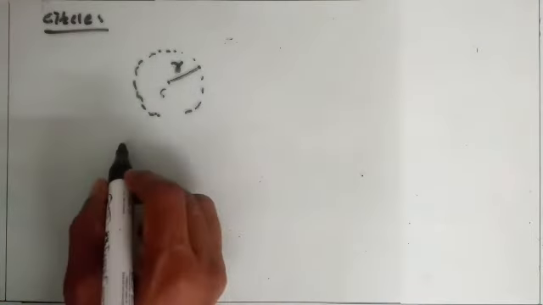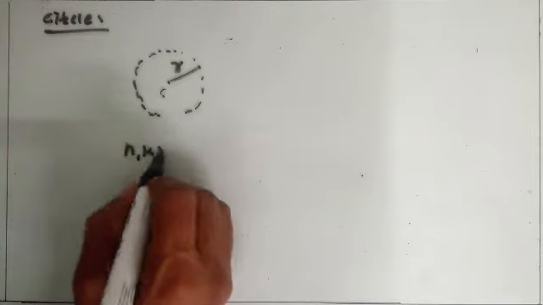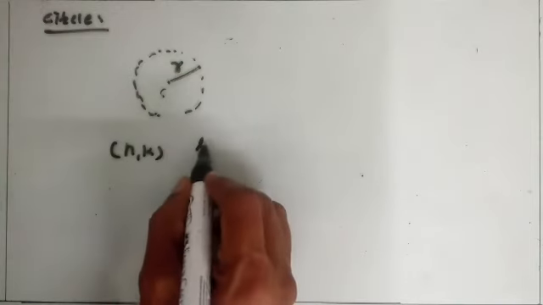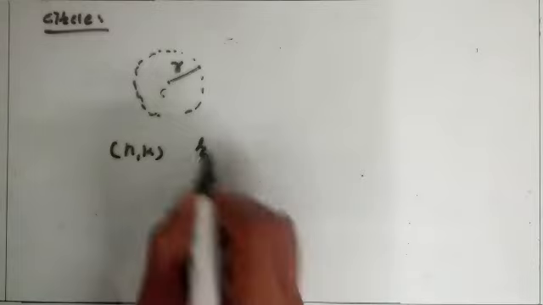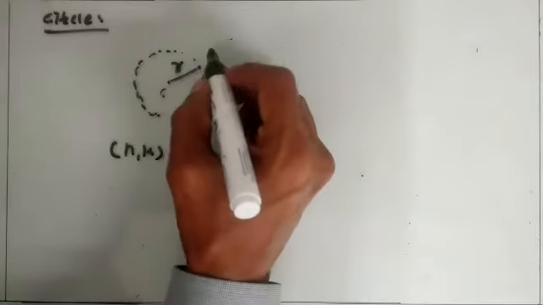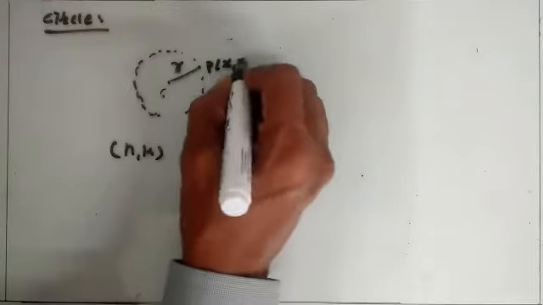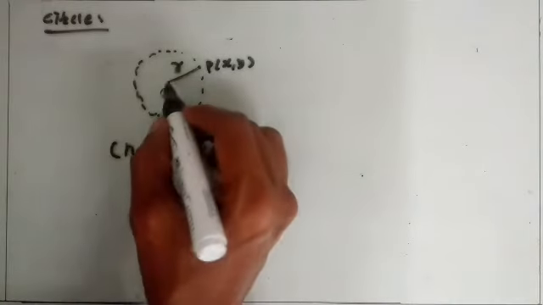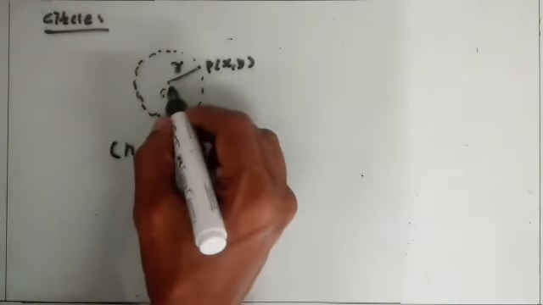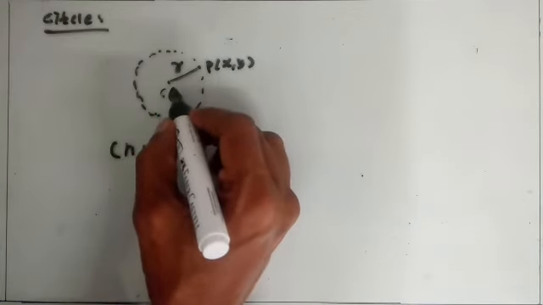Equation of a circle with center (h, k) and radius r. Here take a point P(x, y) on the circle, then CP becomes the radius of the circle.